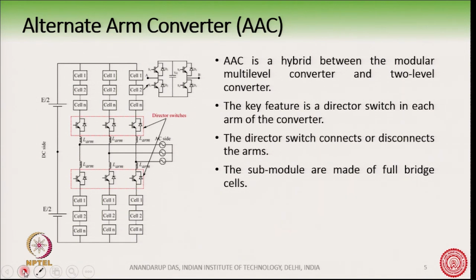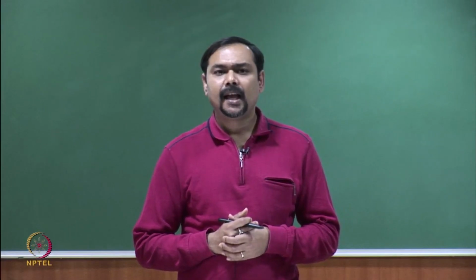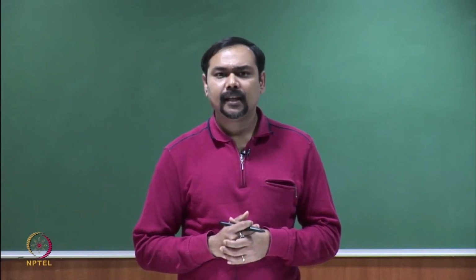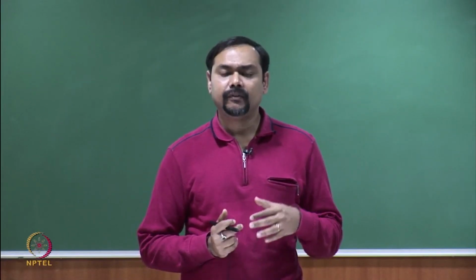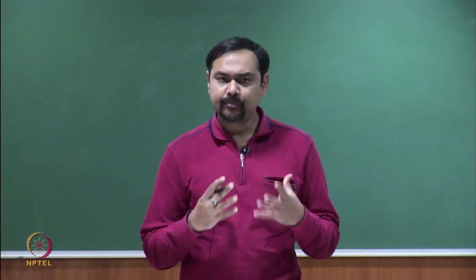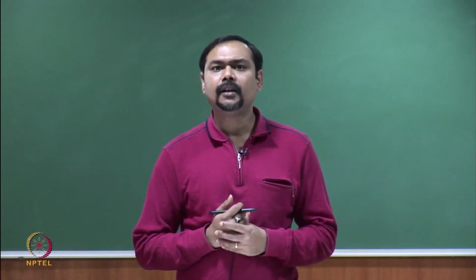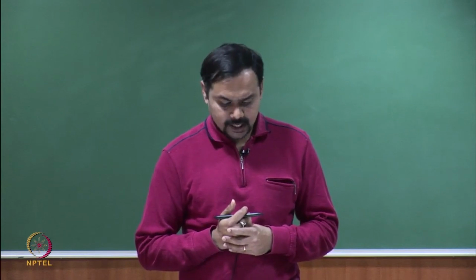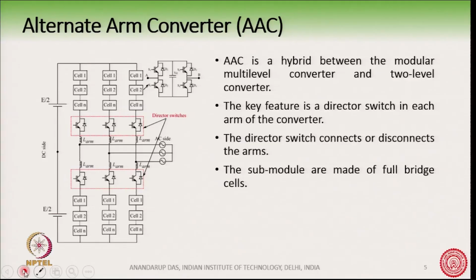The alternate arm converter has been proposed more recently, after the MMC, and this is a variant or hybrid topology between the MMC and a 2-level converter. As you can see here, this topology has a very similar structure to the MMC. You can see there are a lot of cells and there is an arm inductance.